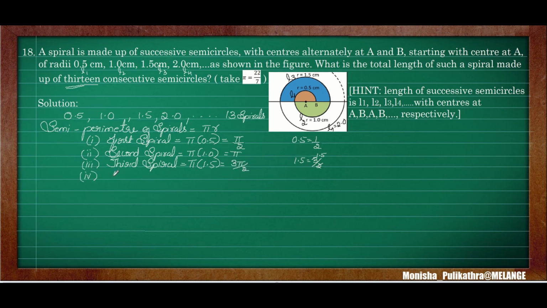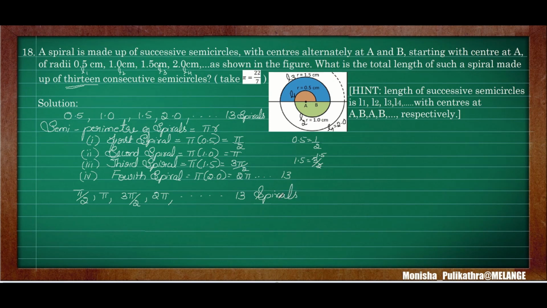Next, the fourth spiral, pi into 2.0, that is nothing but 2 pi. Okay, and so on up to 13. So the sequence here is pi by 2, pi, 3 pi by 2, 2 pi, up to 13 spirals.